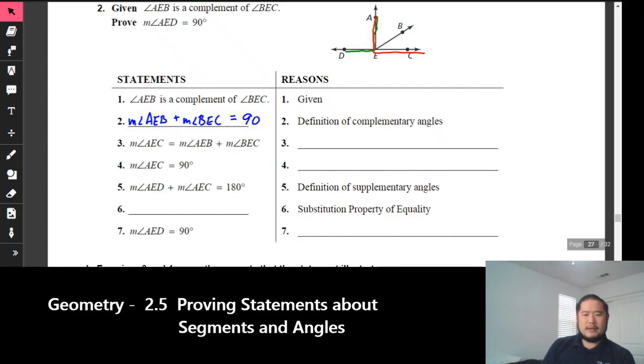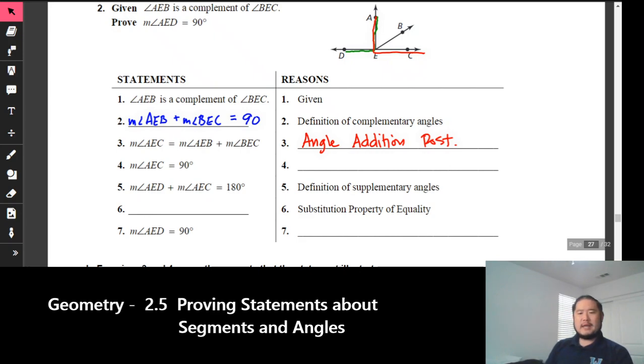So that would be your angle addition postulate. All right, so there you have number 3. Well, we went ahead right there and we showed that the measure of angle AEC is equal to 90 degrees.